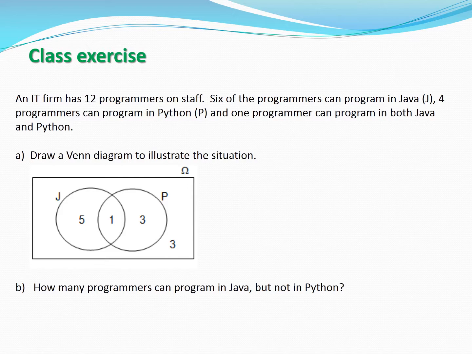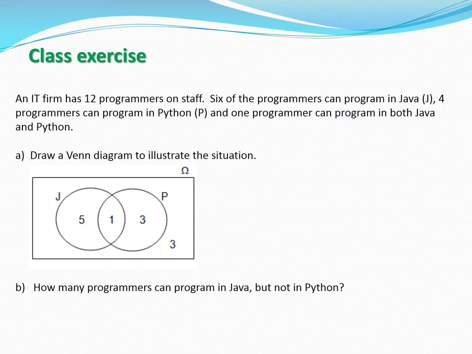For A, I have 6 programmers that can program in Java altogether. But 1 programmer can program in Java and Python, so that's the easiest place to start. In that overlap, I'm going to have 1 programmer then. So in the Java only part, there will be 5.